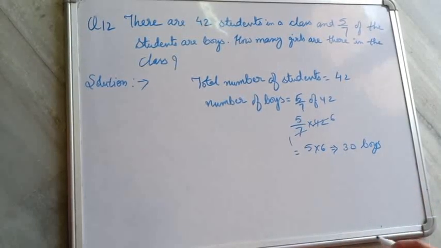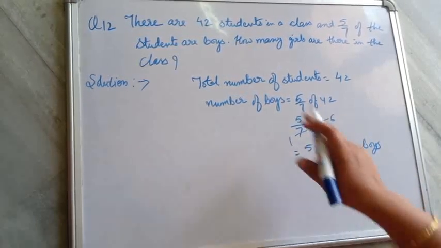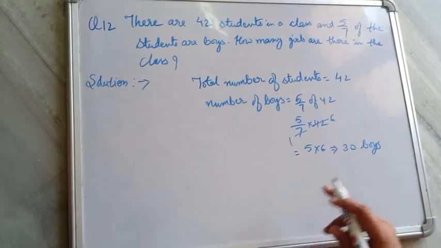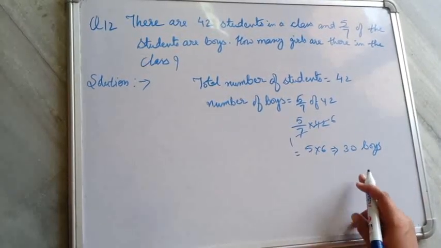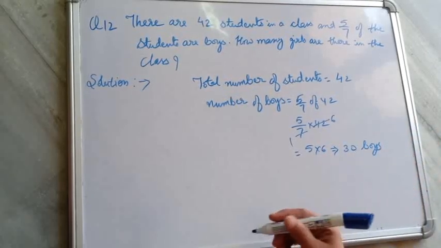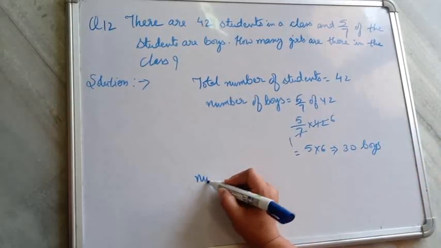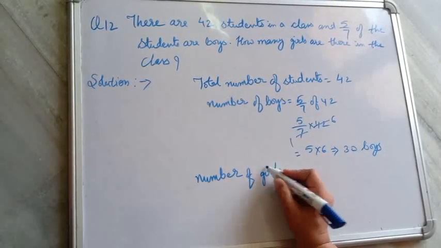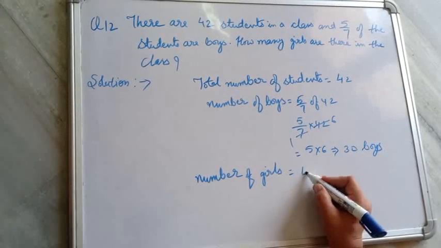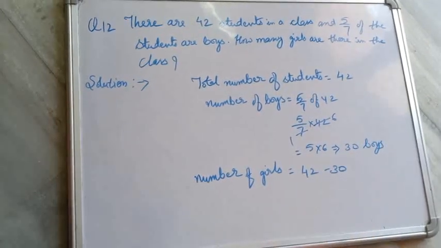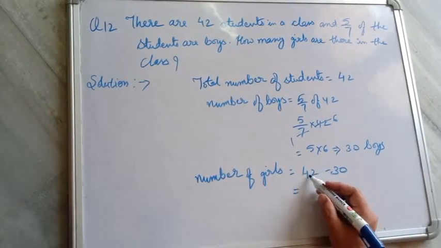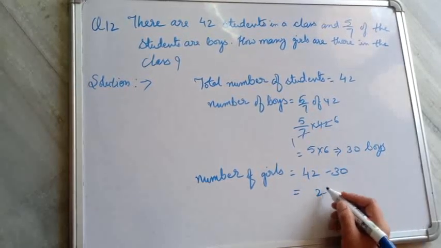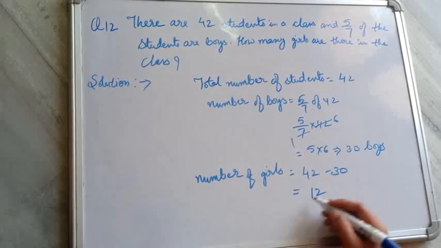Now we have to subtract 30 from 42 because total number of students are 42 and out of 42, 30 are boys, so remaining are girls. So number of girls is equal to 42 minus 30, that is 12. 2 minus 0, 2 and 4 minus 3, 1, 12.